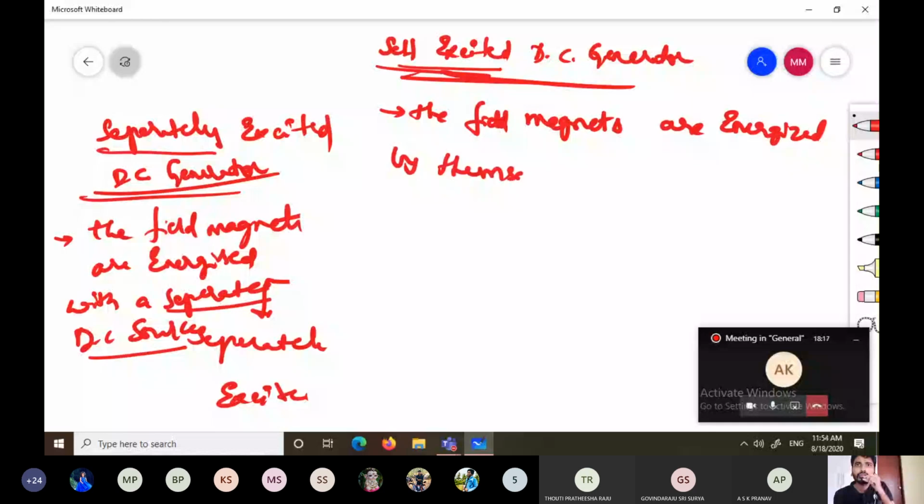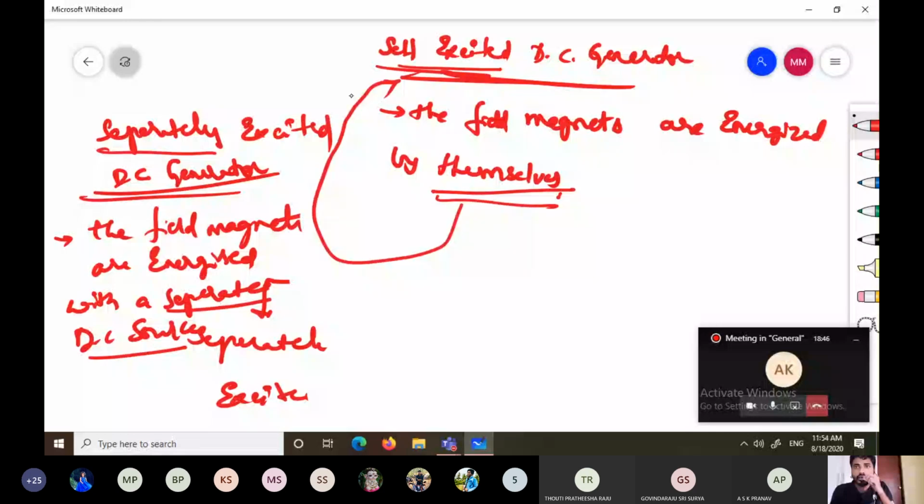It does not require a separate source. It is exciting the field magnets itself. That's why it is called a self-excited DC generator. That is the difference between separately excited and self-excited. With the help of the armature current only, it is taking the field current. So that's why it is called excited by themselves.